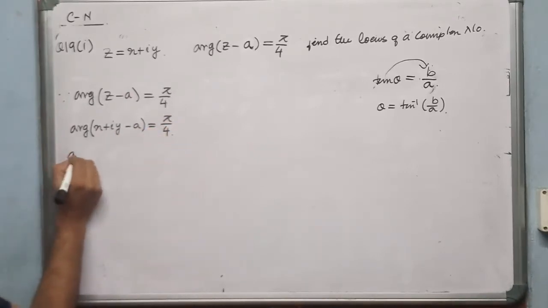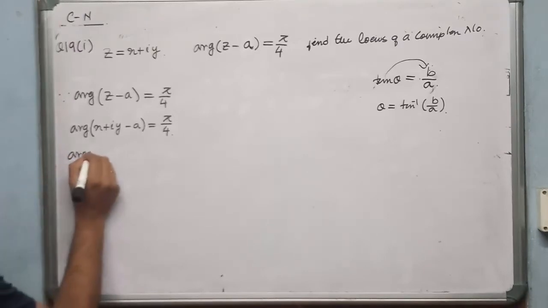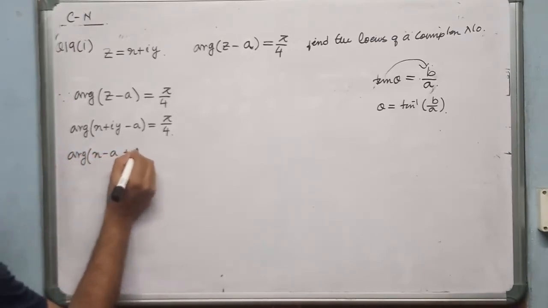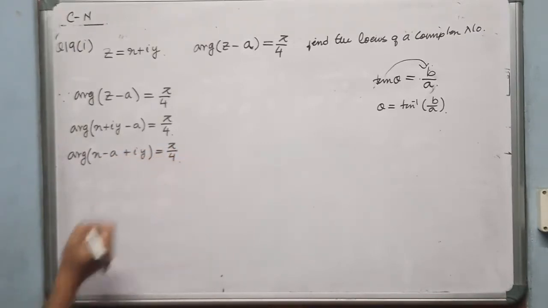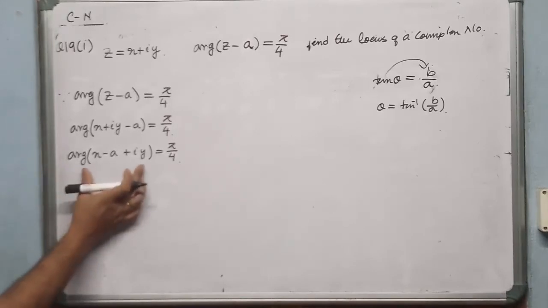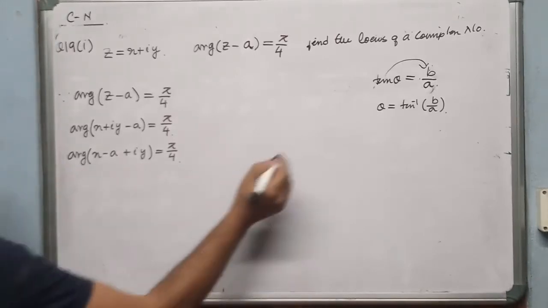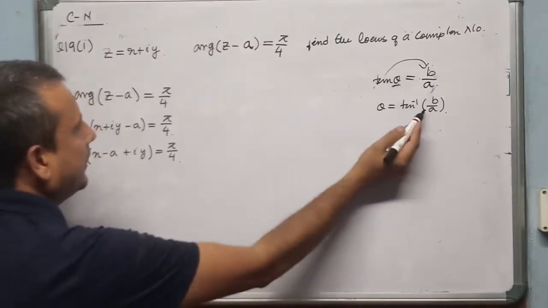Now the argument of, first the real part, x minus a plus iy is equal to pi by 4. Now the argument means it is theta. Then if you bring this tan from the left hand side to the right hand side, I'll write in this form.